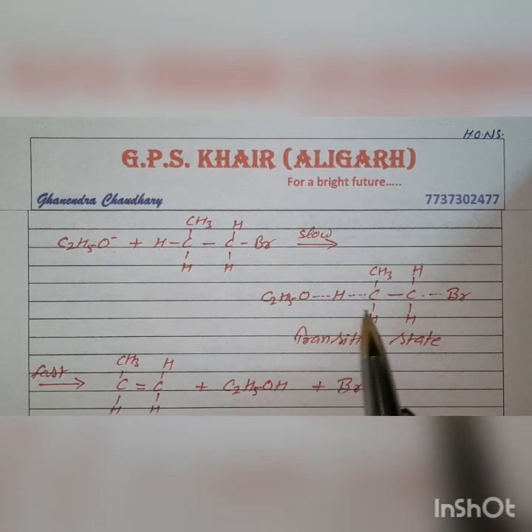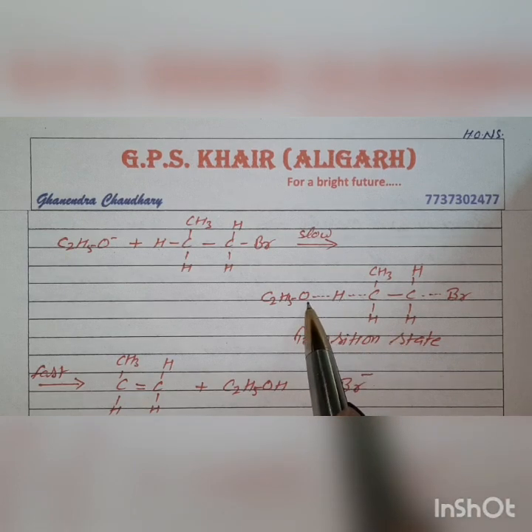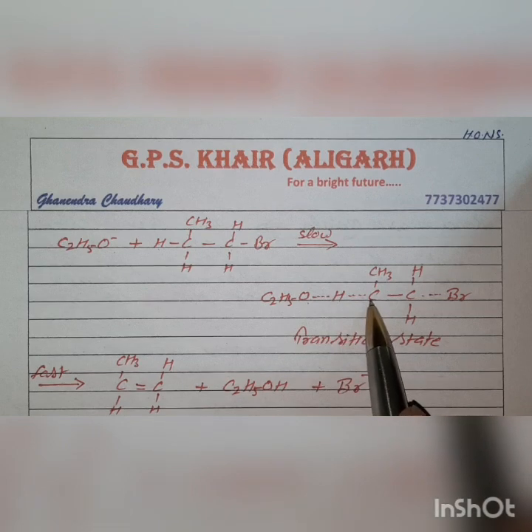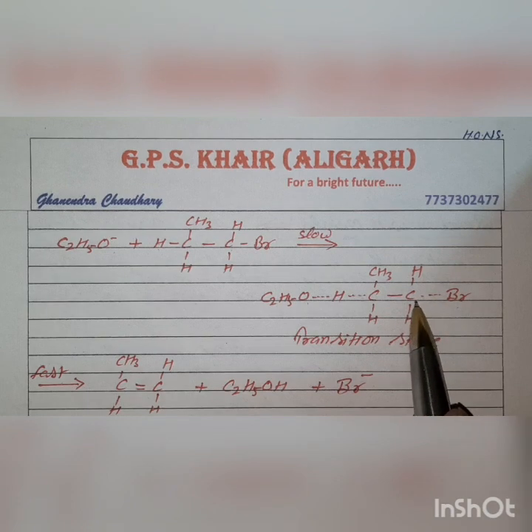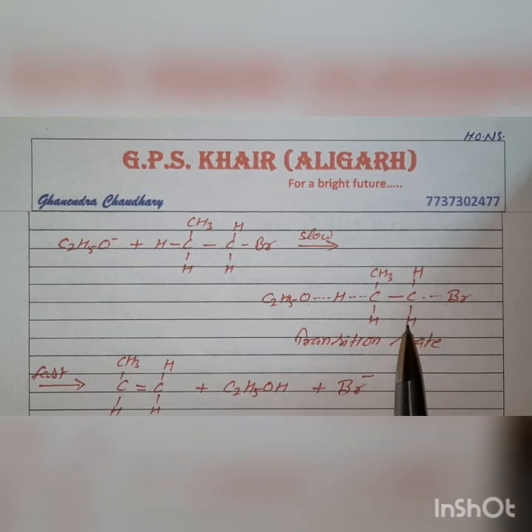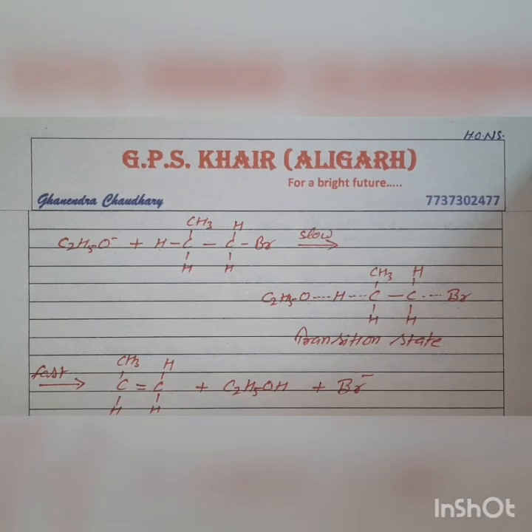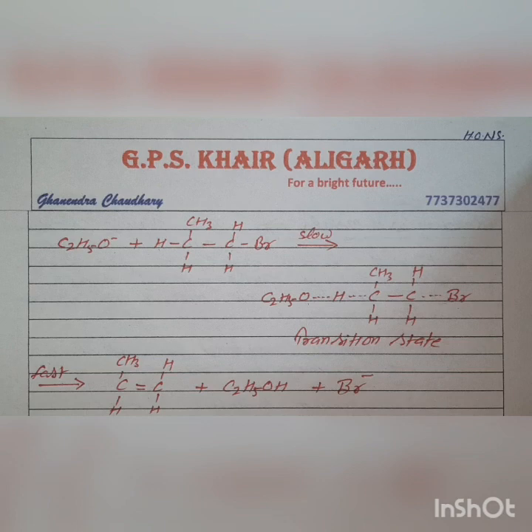It is the transition state. The hydrogen atom links with this oxygen atom and separates from this carbon atom, and the bromine also separates from this carbon atom at that time. So both atoms or both groups are removed from the substrate.